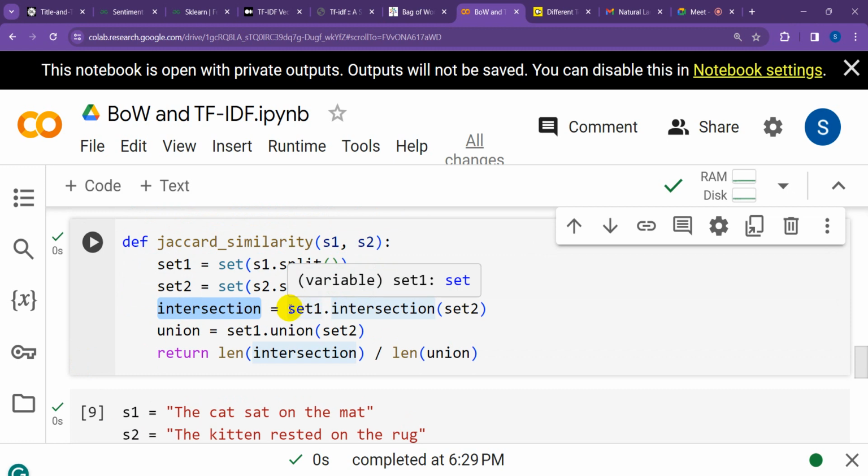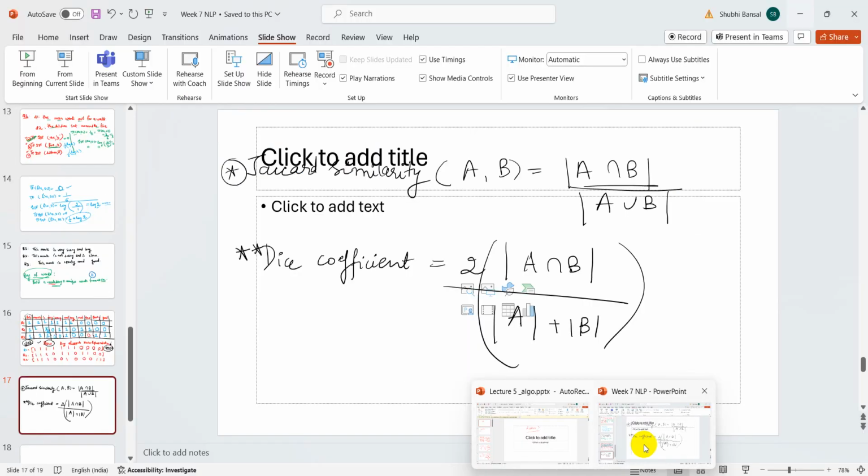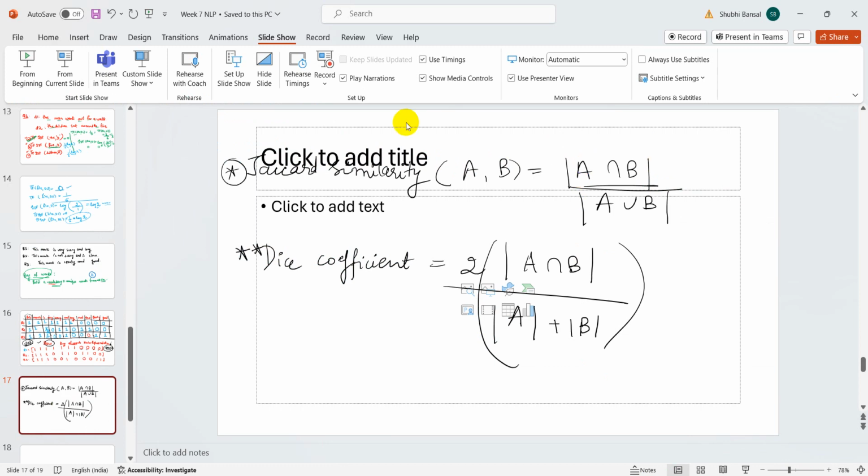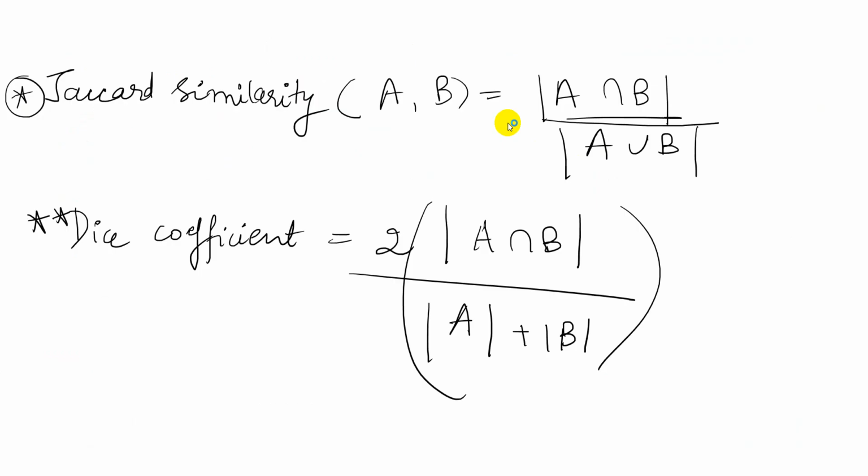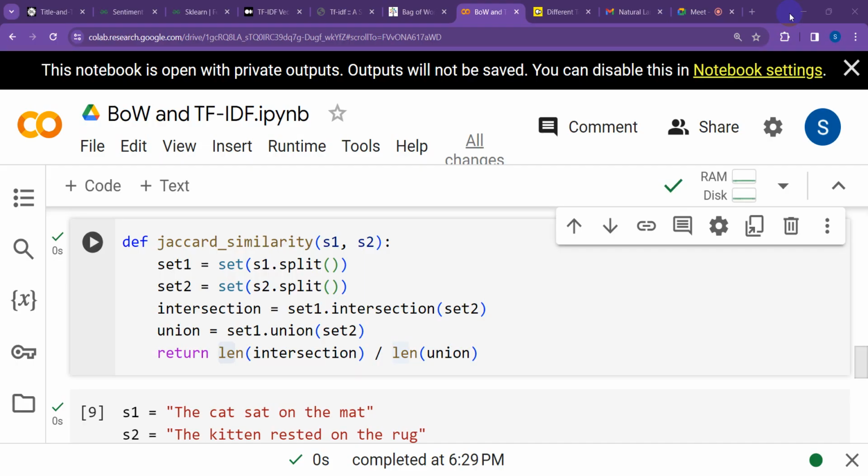First we compute the intersection, that is the numerator part of the Jaccard similarity, and then the denominator part, that is the union, set 1 union set 2. And then what you return is the length. Why are we returning the length? Because in the formula it is cardinality of A intersection B upon cardinality of A union B, right? So you return the length of the intersection set upon the length of the union set.